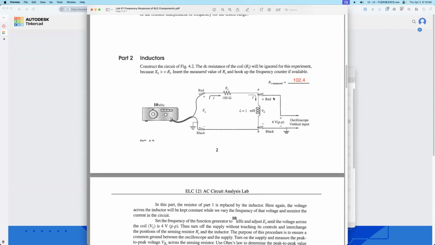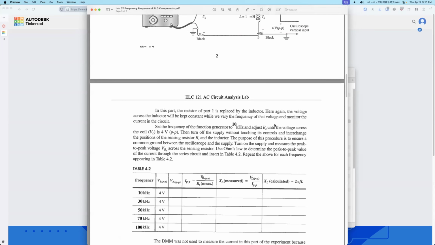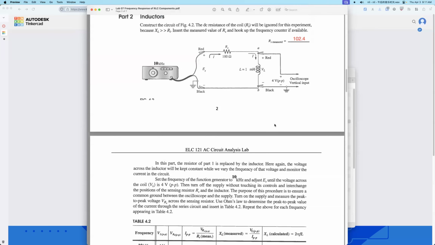Similarly to the lab we did before, adjust the magnitude of the function generator and keep VL at 4 volt peak to peak value. So we use this one, the peak to peak value. So for this one, the same.